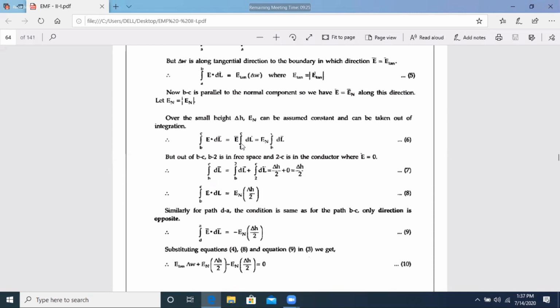So E normal on one side is equal to E normal on the other side.